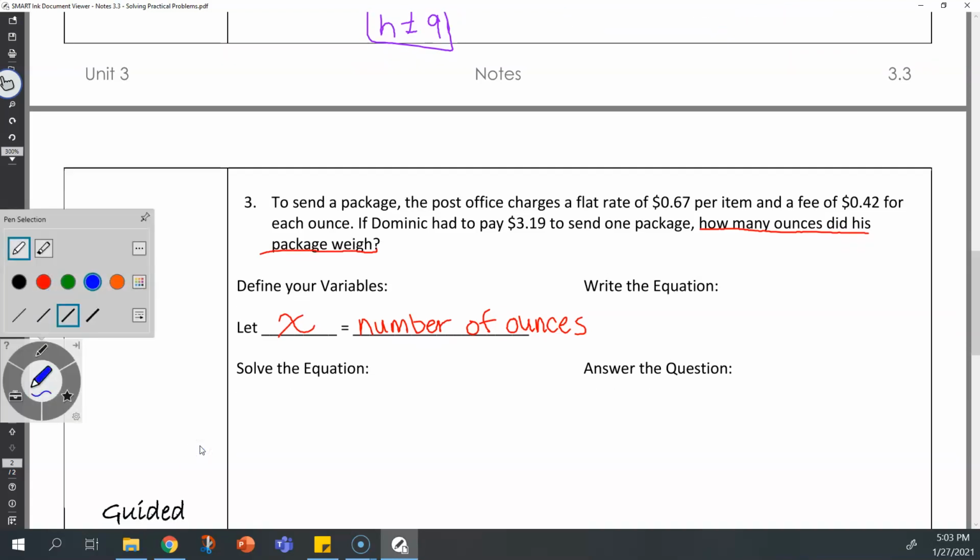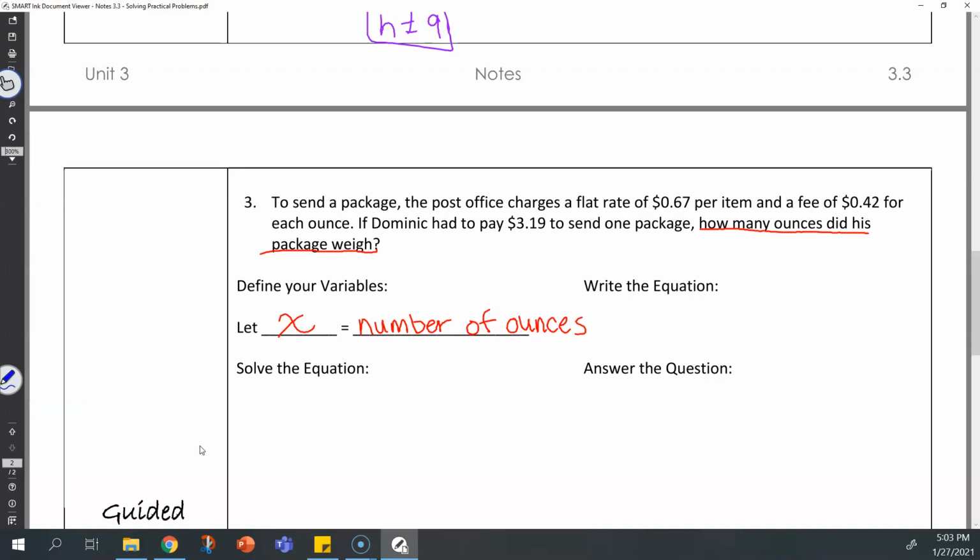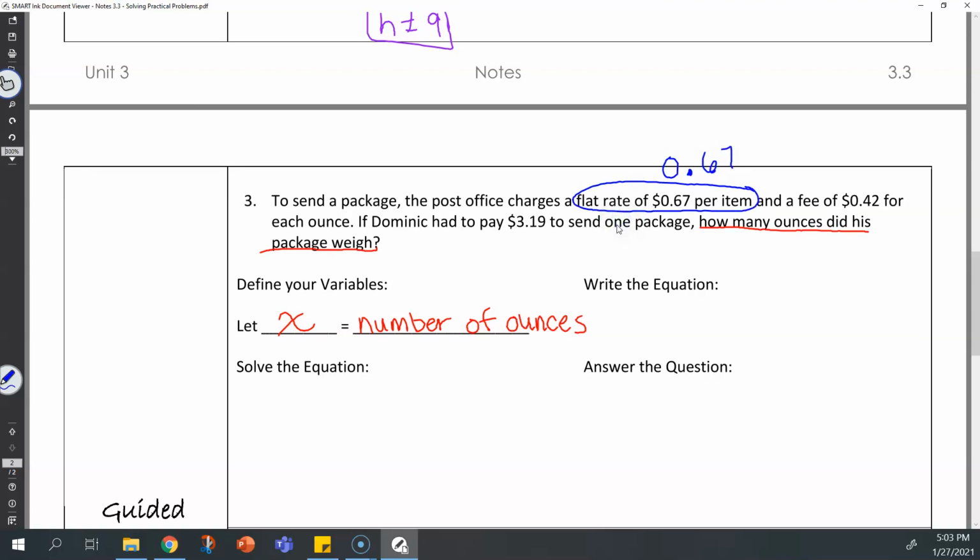Then I can start writing the equation. The post office charges a flat rate of 67 cents per item. So he's only sending one package, which means that's 67 cents he's going to pay right up front. And there's a fee of 42 cents for each ounce.